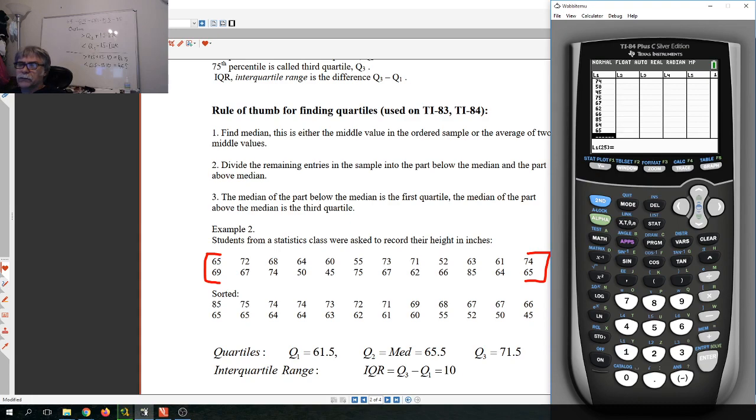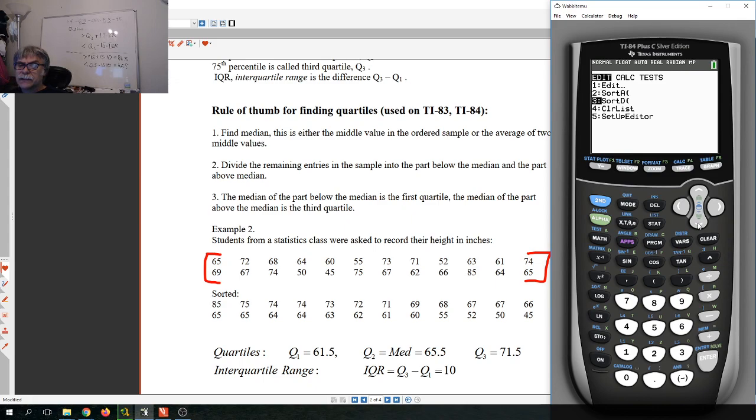But for the purpose of checking, I'm going to sort it. So sorting data is again the statistics button. You will select in the edit option sort, if you want to sort in ascending order or in descending order.